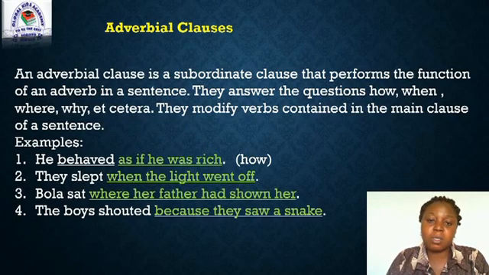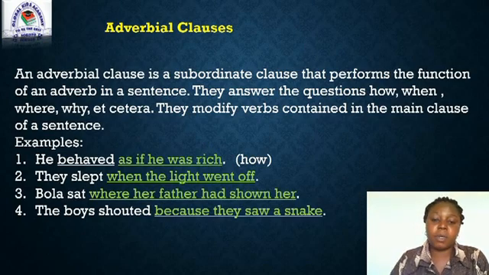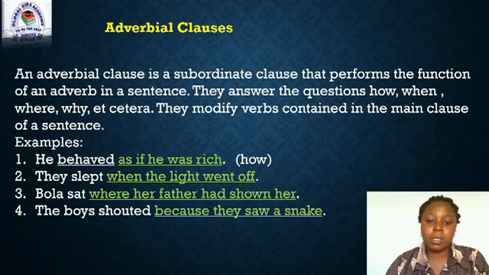And that expression is adverbial in nature because it modifies the verb slept. Bola sat where her father had shown her. Where her father had shown her is an adverbial clause telling us where Bola sat. That's an adverbial clause of place. The boys shouted because they saw a snake. Because they saw a snake tells us the reason for the action word shouted. So we see that expression is an adverbial clause.